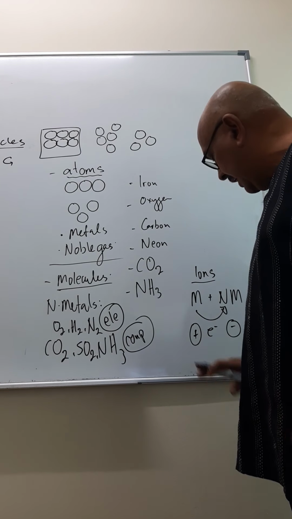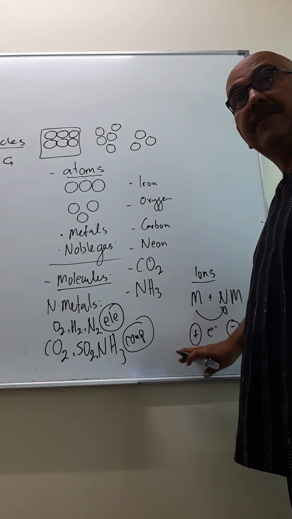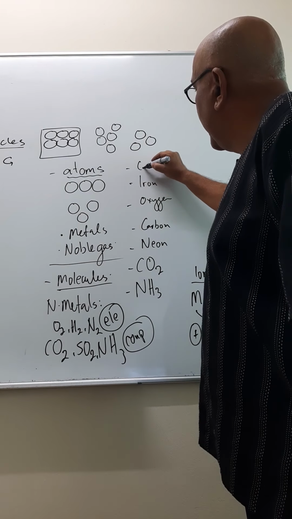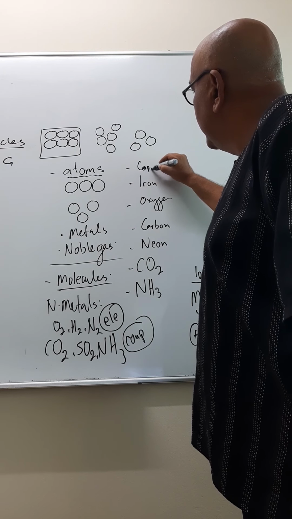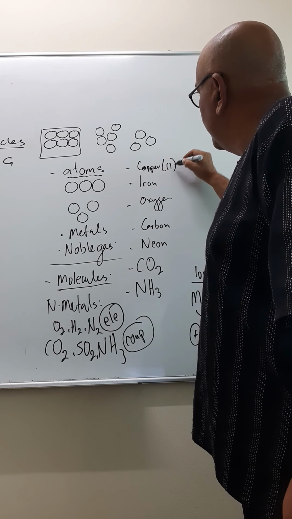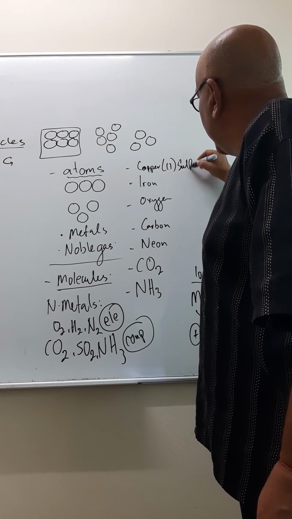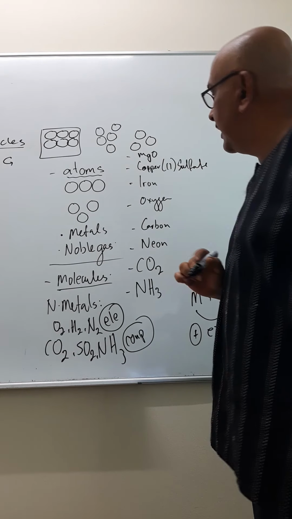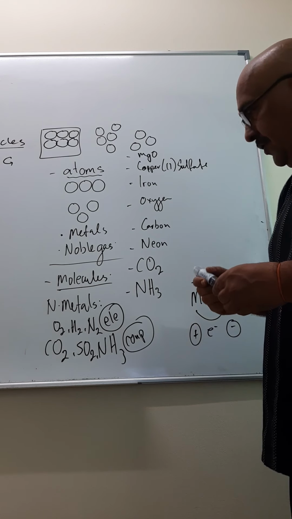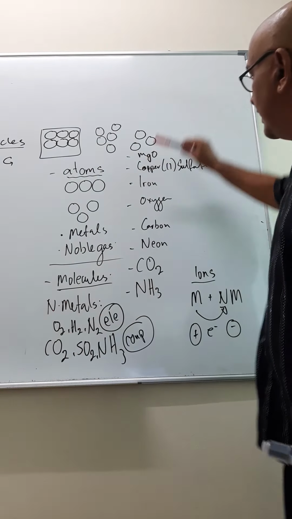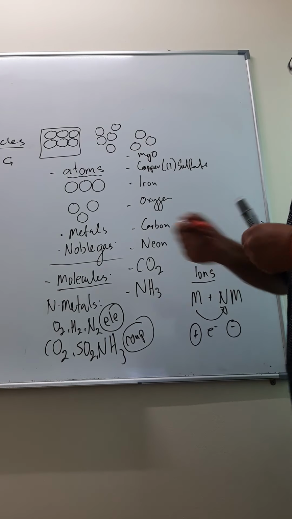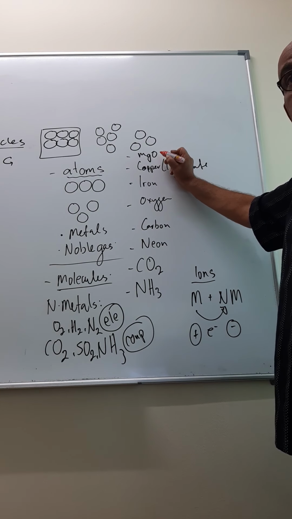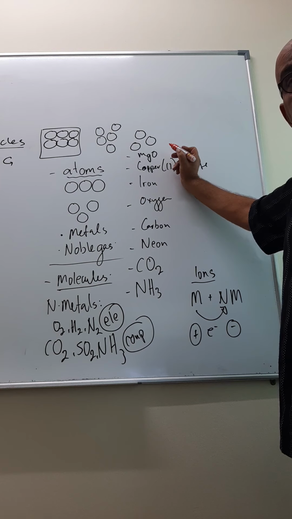Try to remember ammonium is a positive ion. You're going to get names like copper(II) sulfate, magnesium oxide. They can give you the names at the top of the paper and ask you: magnesium oxide contains what particles?